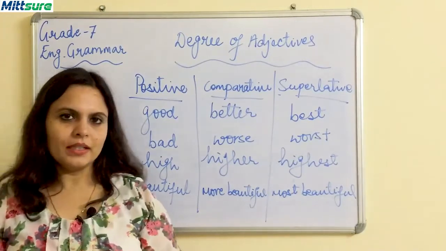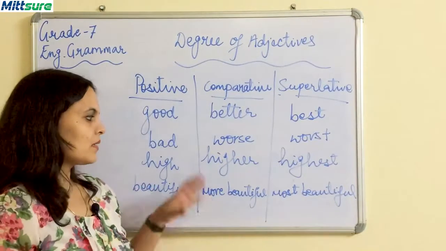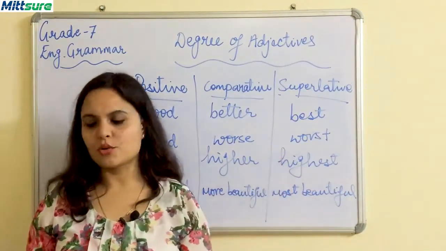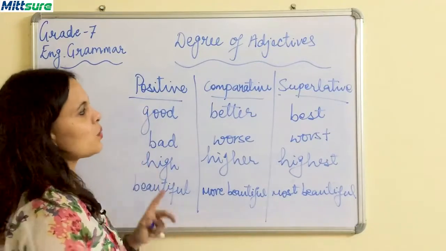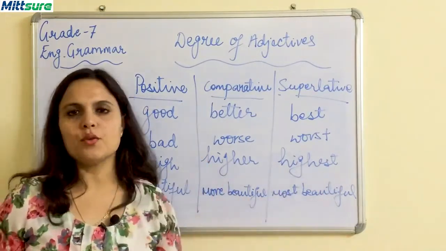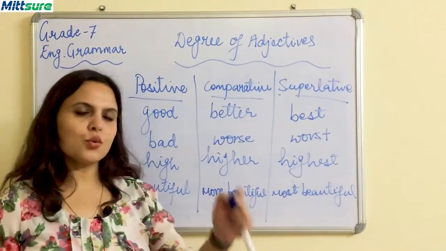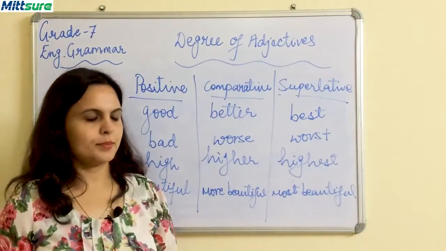So when we learn these degrees, what is to be noticed? This is how you have just understood how to convert the degrees, positive to comparative, comparative to superlative. When we use them in a sentence, what is the difference which we notice?